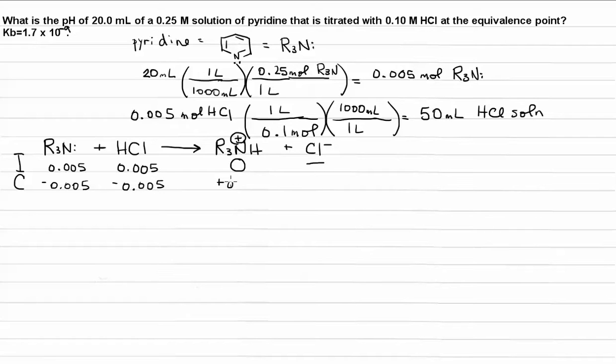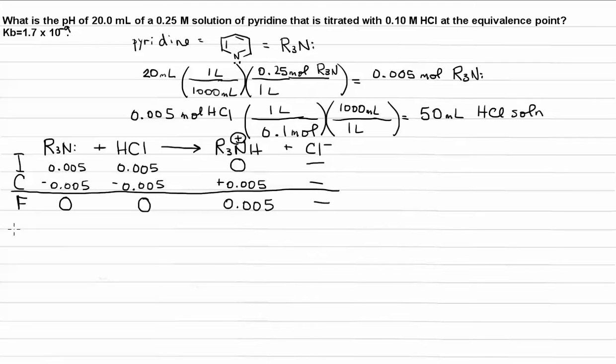We will gain that same amount of conjugate acid, R3NH+. So, final, after the reaction has occurred, we have no pyridine, we have no HCl, we do have 0.005 moles of conjugate acid, R3NH+, pyridinium. And again, we don't care about chloride.